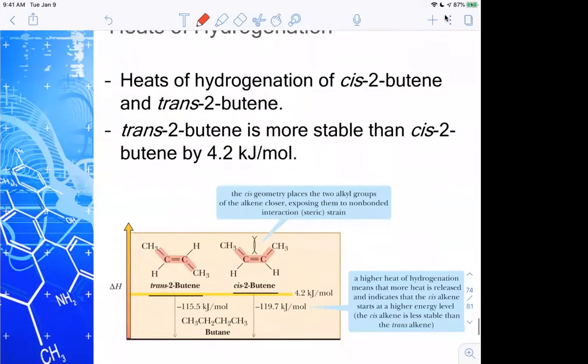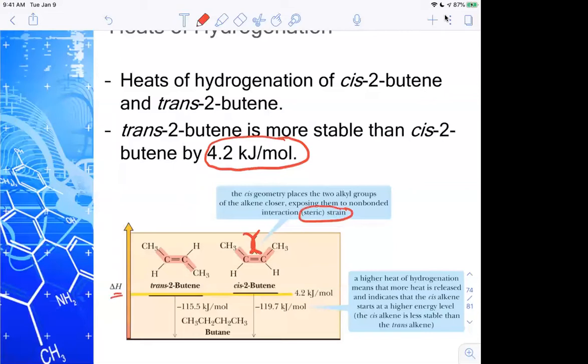So I can actually look at this, and if you look at the delta H, which is really the enthalpy, the energy, the trans is more stable than the cis by 4.2 kilojoules per mole, right? This is bringing the alkyl groups of the alkene closer, where I have a much larger increase in steric strain.